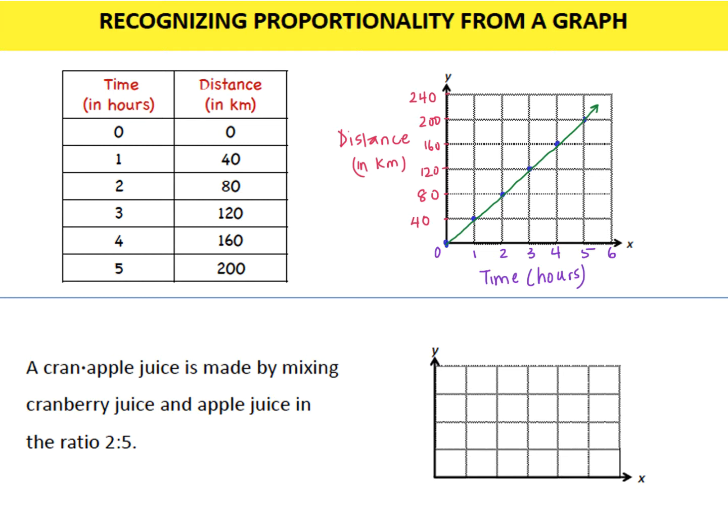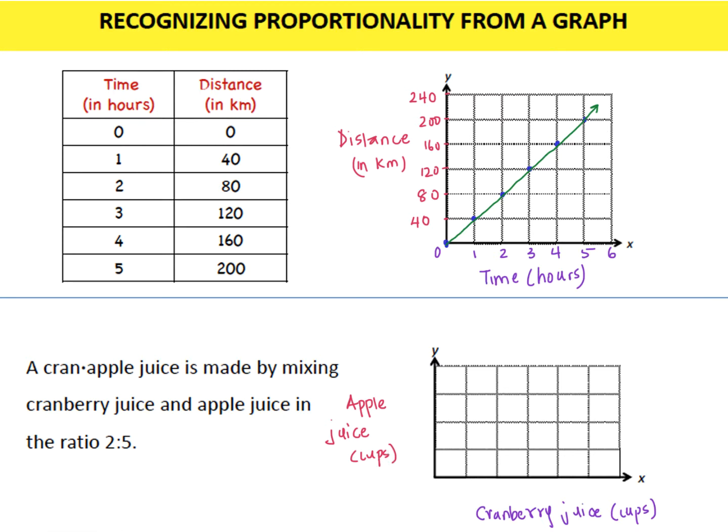So let's just have the cranberry juice, say cranberry juice, in cups. And the apple juice would be on the y-axis, and it doesn't really matter if you actually interchange it, since there is no definite independent and dependent variable here.